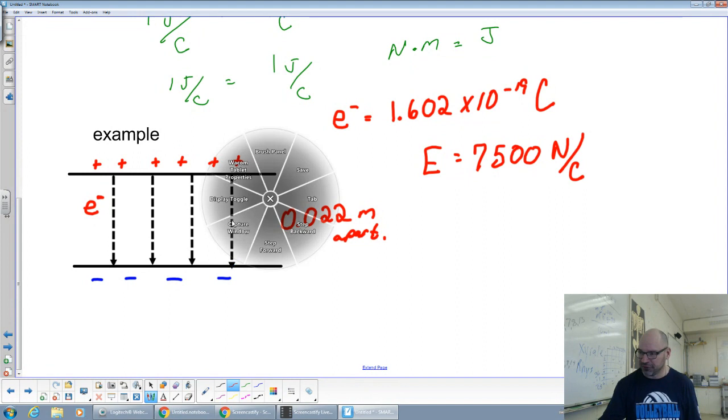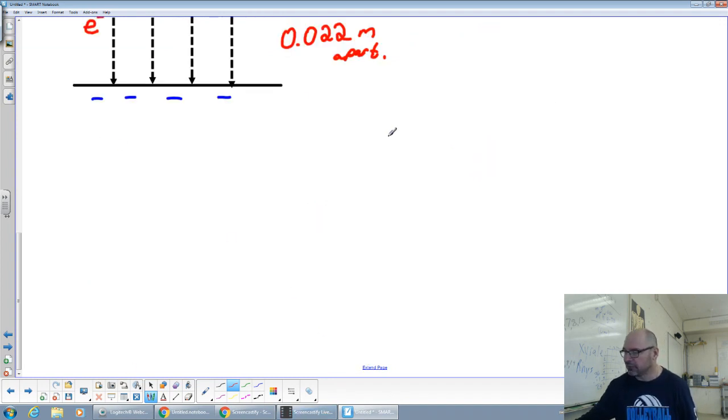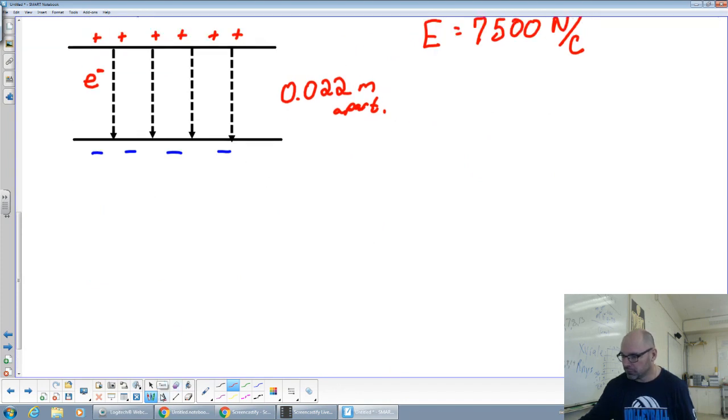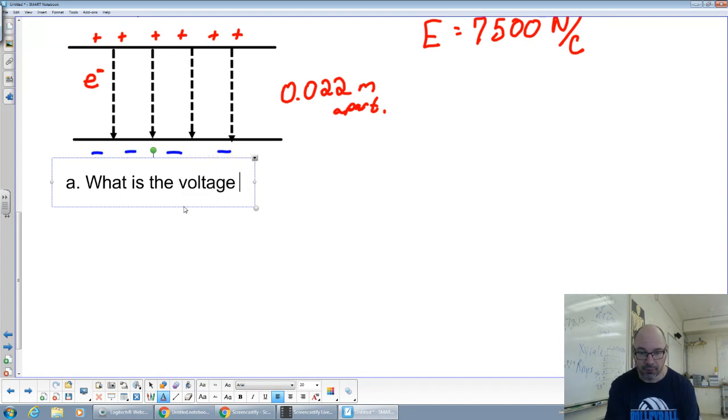Okay, so we have an electric field strength. We have how far apart the plates are. We have this electron floating in there in between these two plates. Okay, so our question is, given all that, A, what is the voltage difference or voltage between the two plates?